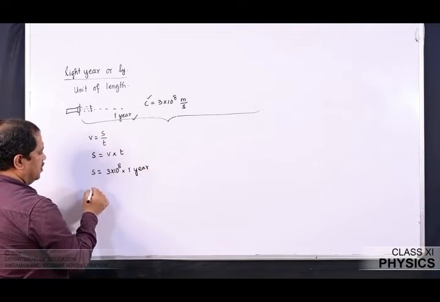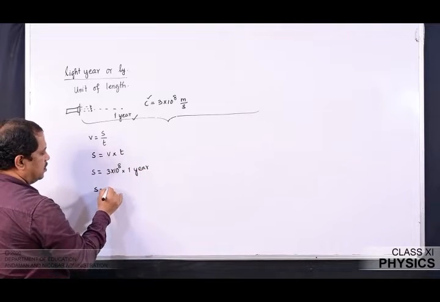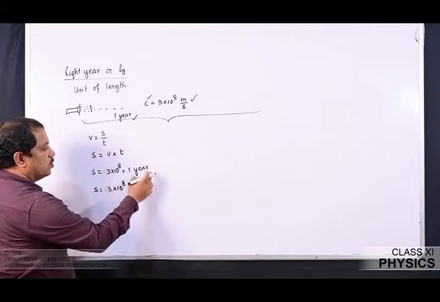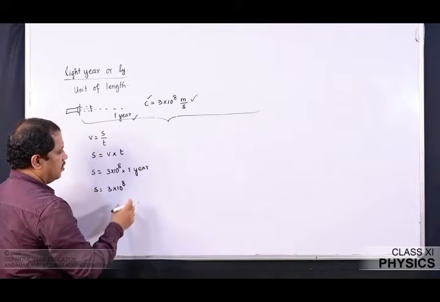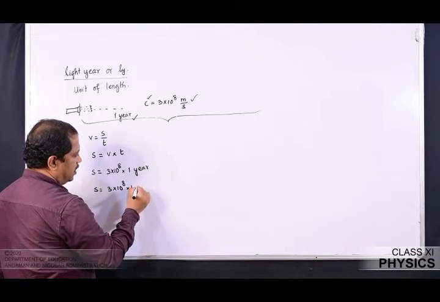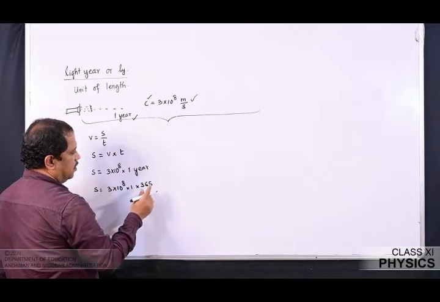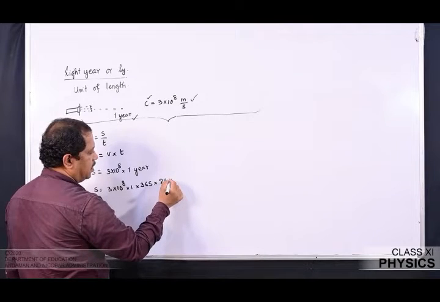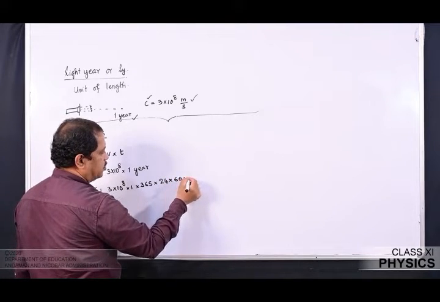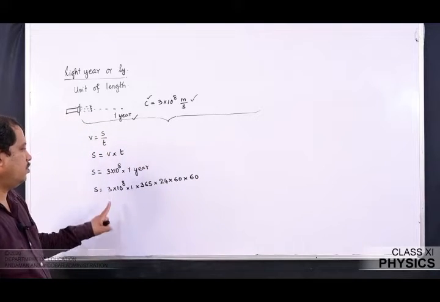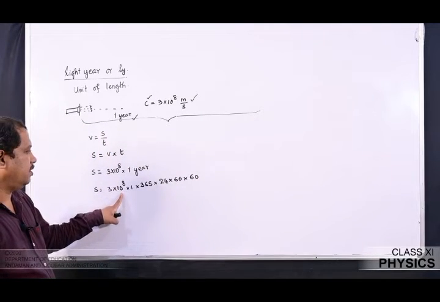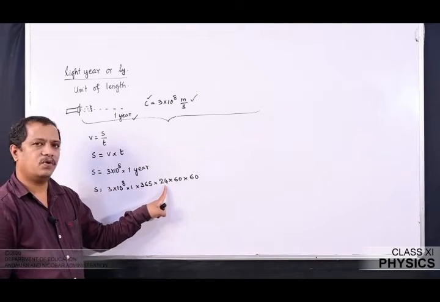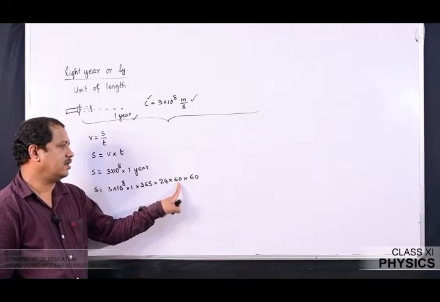When I say 1 year, this is not the SI unit. However, 3 into 10 power 8 meter per second is in SI unit, it is okay. So, I need to convert this year into SI unit, that is, into seconds. I know in 1 year I have 365 days, each day has 24 hours, 1 hour has 60 minutes and each minute has 60 seconds.